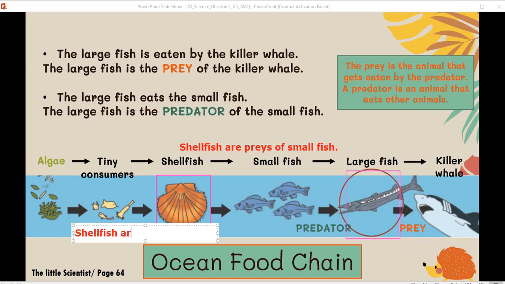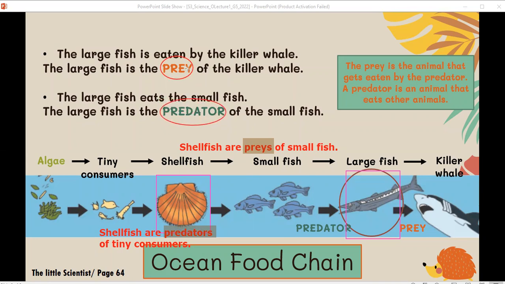So shellfish are predators of tiny consumers. Shellfish can be prey and they also can be predators. An animal can be a prey and a predator at the same time. What is a prey? A prey is an animal that gets eaten by another animal. A predator is an animal that eats others.